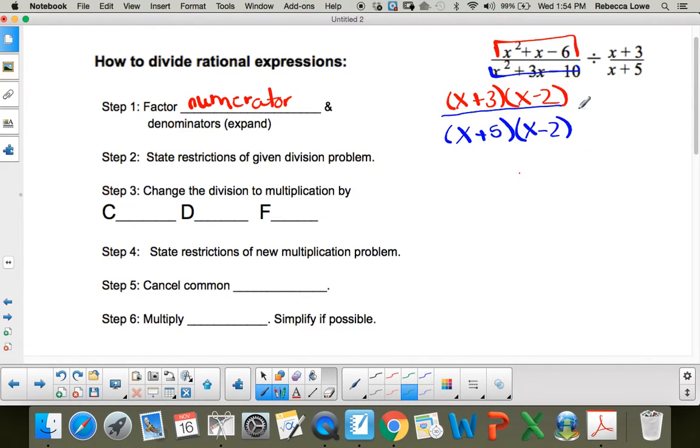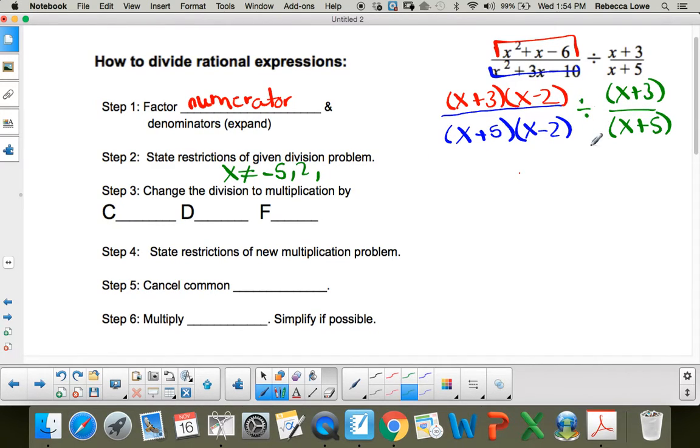Then the division sign, bring that over. These are already factored, so I'm going to put them in parentheses. So we factored. Now we need to state the restrictions. There are 3 restrictions so far. X can't be -3, 2, and -5. I don't need to repeat that one because it occurs twice.